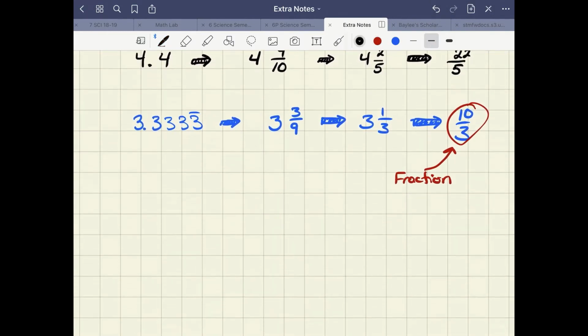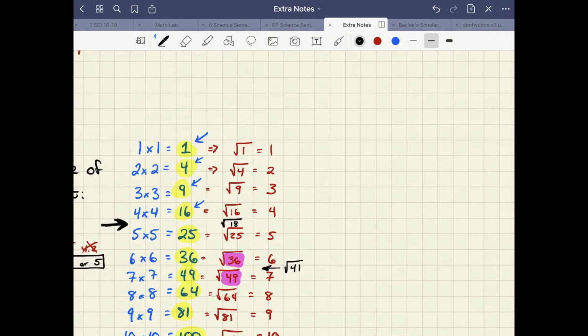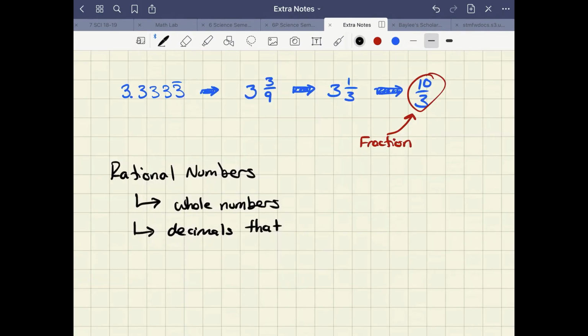Rational numbers are as follows. If you need a quick cheat list, rational numbers are whole numbers, decimals, whoa, that's crazy sauce, decimals that terminate, so like 4.2, that's it. The 0.2, it ends. So that 0.2 is a terminating decimal. It has an end to it.